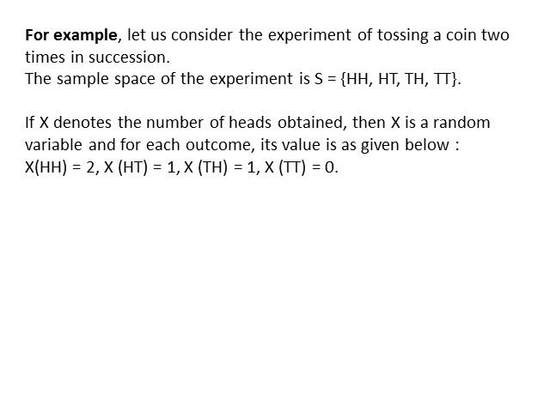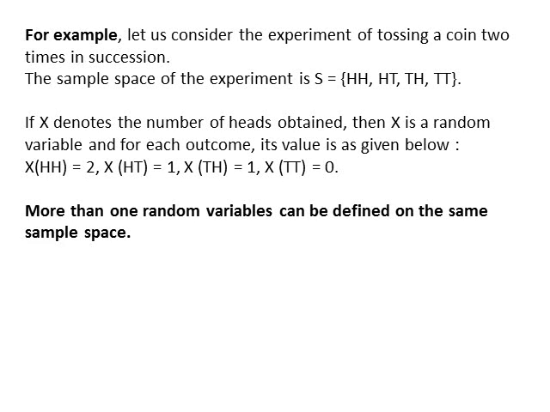For HH, X equals 2 as HH contains 2 heads. For HT, X equals 1. For TH, X equals 1 and for TT, X equals 0 as TT contains no head.